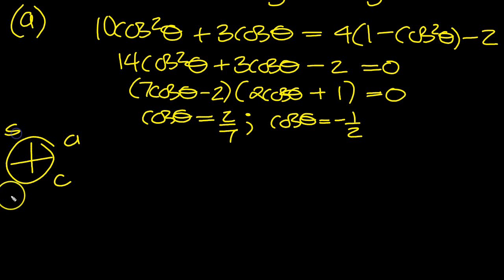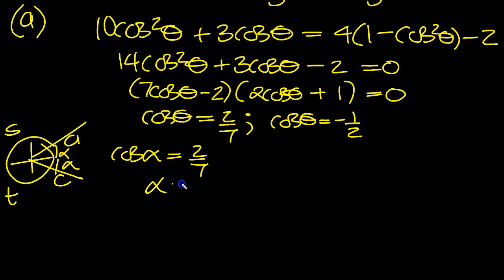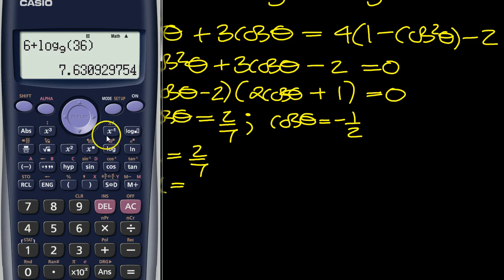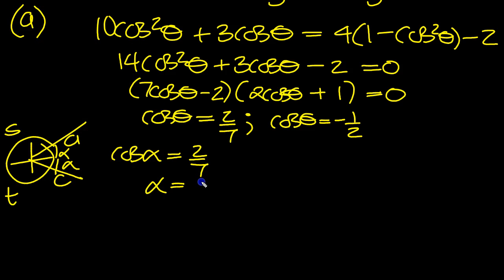We're solving from 0 to 360, so we draw a circle and write CAST. Cos is positive here and here, so we draw these two lines and we mark off the alpha to the horizontal. We can then write cosine alpha equals 2/7, dropping a negative if there is one to drop. Shift cos of 2/7, in degrees mode: 2 divided by 7 equals 73.398 degrees.